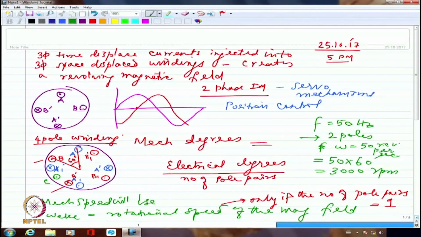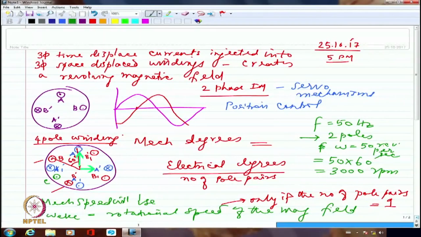See, if I am saying that from here to here, to come from here to here, actually one complete oscillation takes place in the electrical cycle. From this point to this point to come, it is actually taking place in one complete, rather half the electrical oscillation, because this is A and this is A dash.